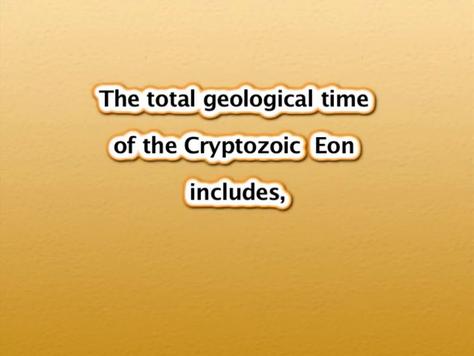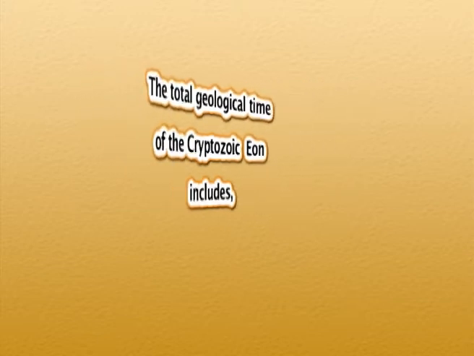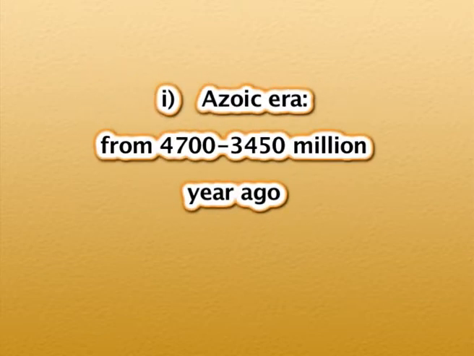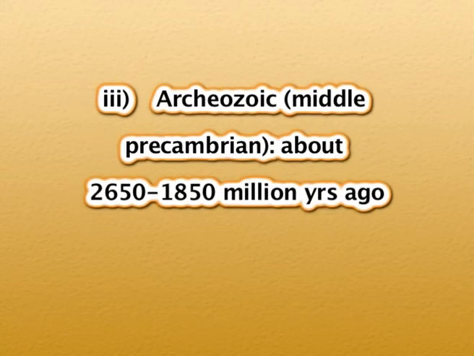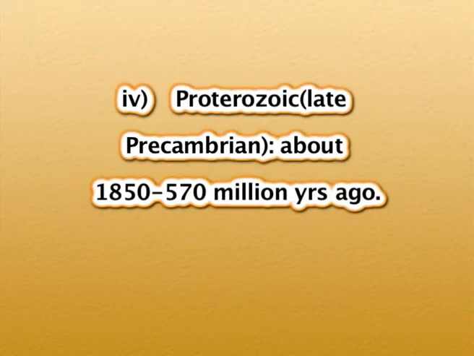The total geological time of the Cryptozoic eon includes Azoic era from 4,700 to 3,450 million years ago, Archeozoic or Early Precambrian about 3,450 to 2,650 million years, Proterozoic or Middle Precambrian about 2,650 to 1,850 million years ago, Proterozoic or Late Precambrian about 1,850 to 570 million years ago.